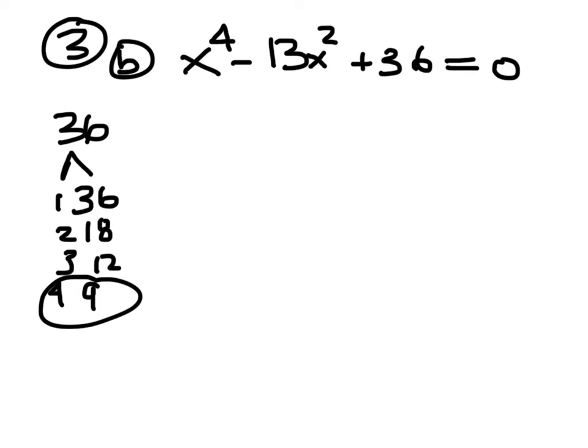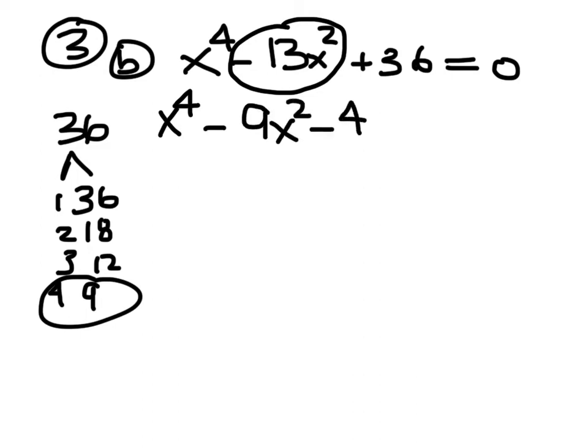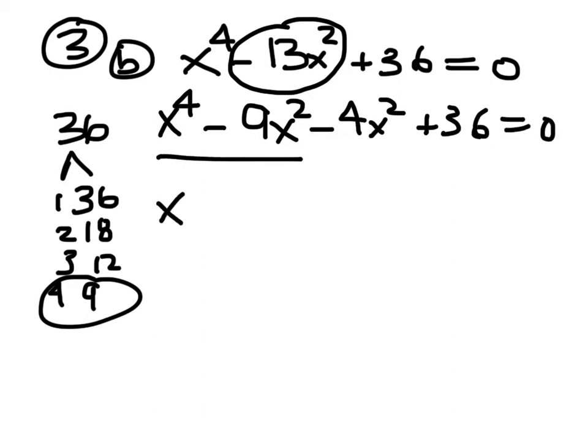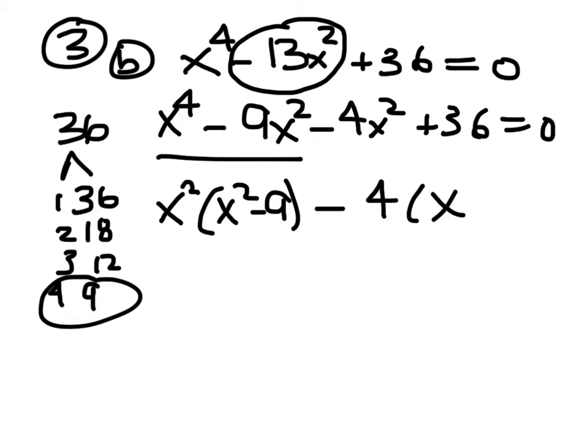Using a tricky trinomial, I can rewrite this, and I can take the negative 13x squared and break it up into a negative 9x squared and a negative 4x squared. Factoring the first two terms, and the next two terms, I see that there is a GCF of x squared minus 9.